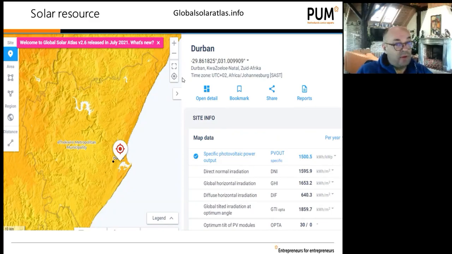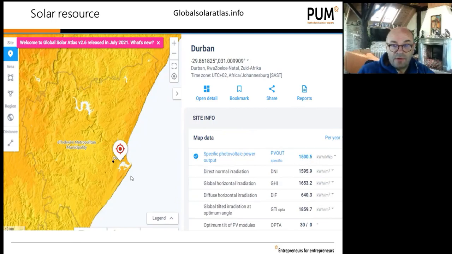So this is globalsolaratlas.info. It's a free website. You can look at it. In this case, you see the location of Durban in South Africa, and you can see that the specific photovoltaic power output is about 1500 kilowatt hours.